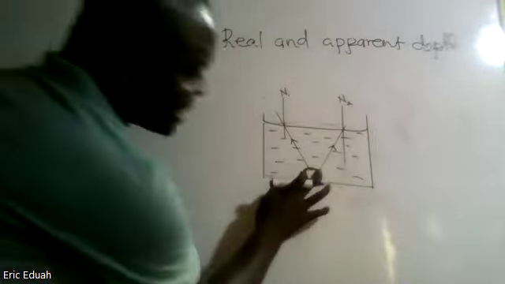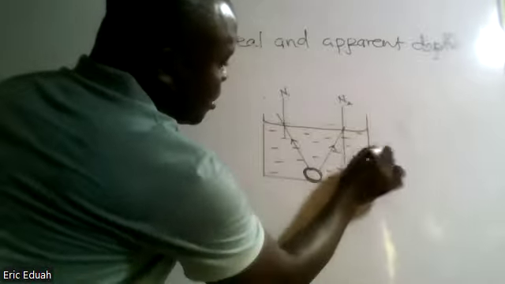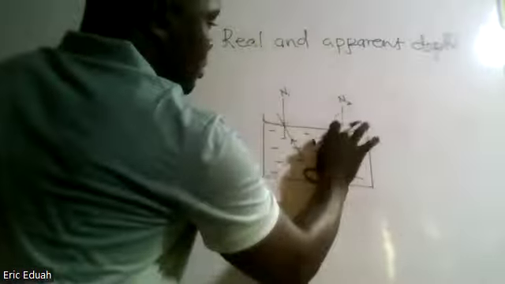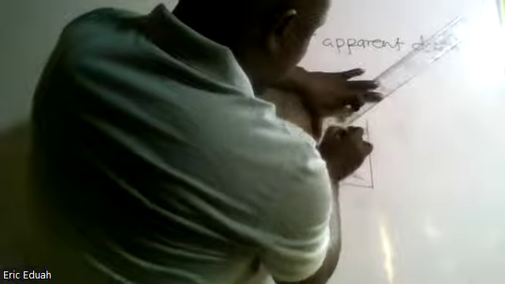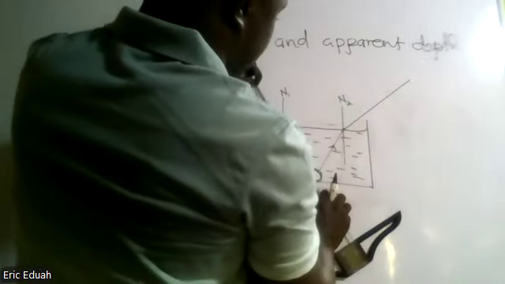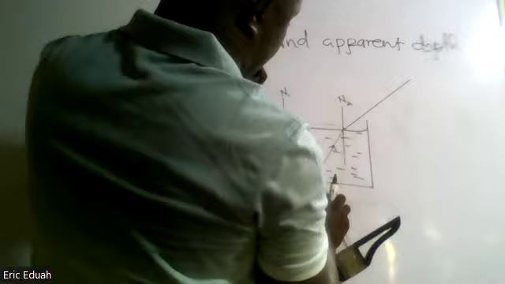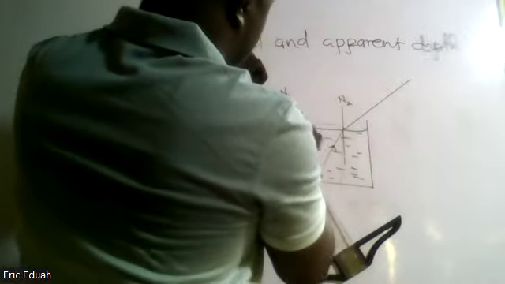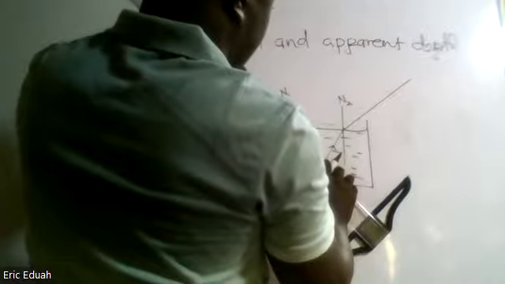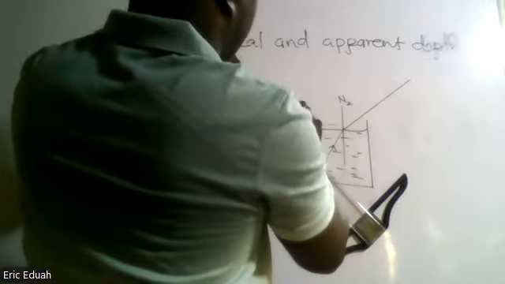Now, because the ray is coming out of water to air, when it gets into air, it deviates away from the boundary or from the normal. This will also do the same because the ray is coming from water to air. At the boundary, it will deviate away from the normal.